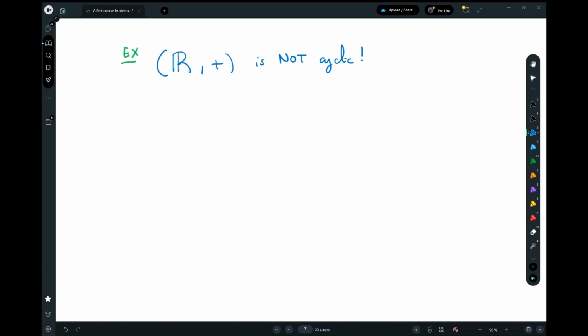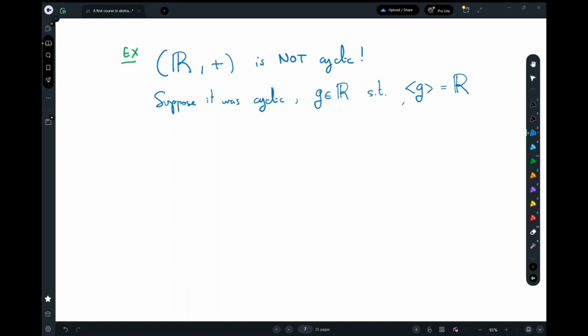There are many reasons. One reason you can check is that R is uncountable, but the integers are countable. So for a contradiction, suppose it was cyclic, then there would be some real number g such that the subgroup generated by g is all of the real numbers.